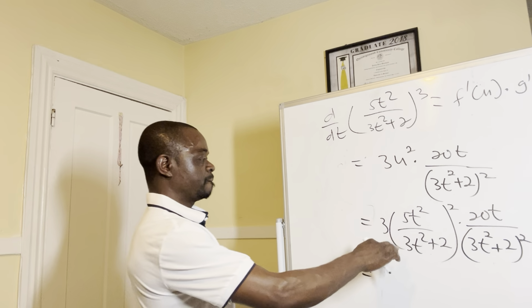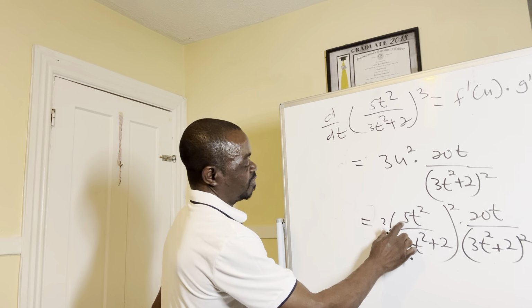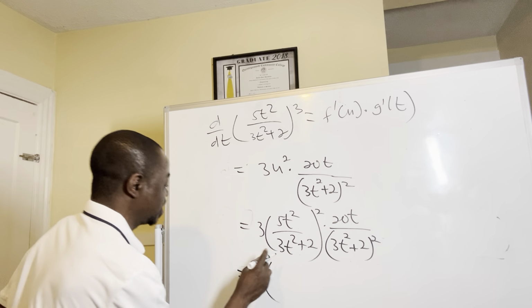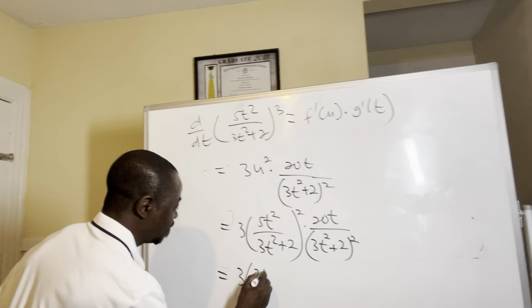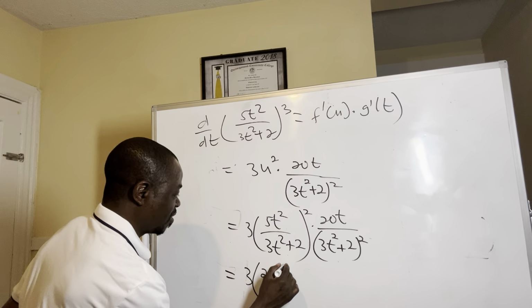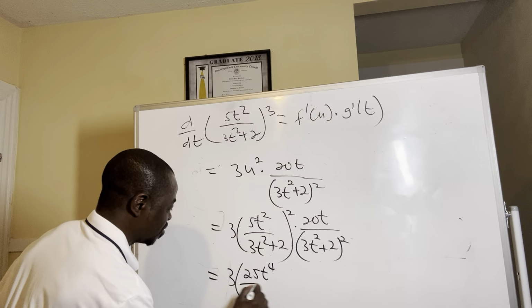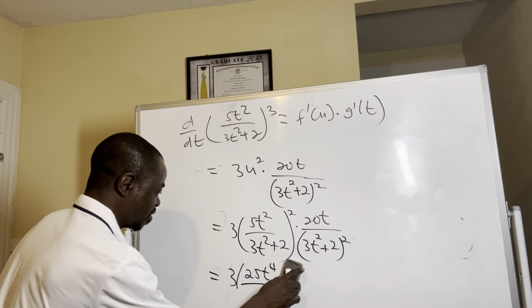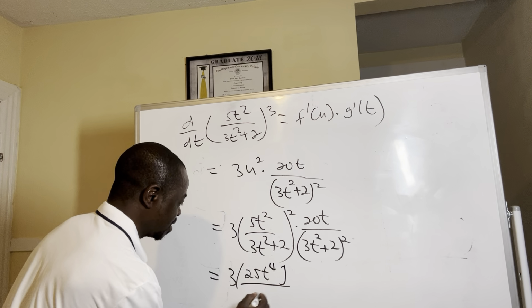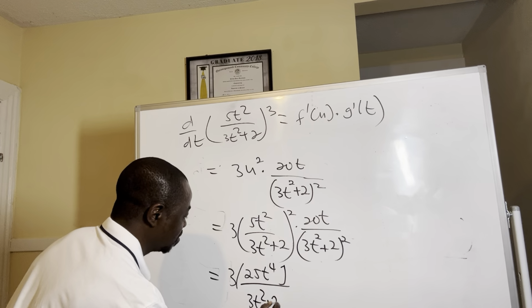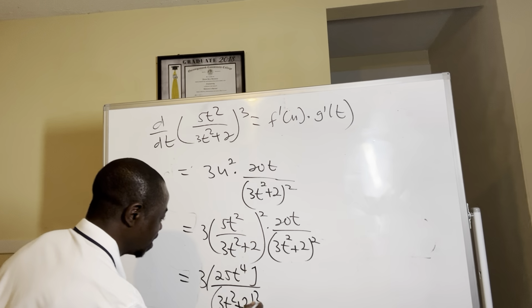So here, if we take the square of 5t squared, it's going to give us 3 into brackets, that's 25, then t to the power 4, all over 3t squared plus 2, then square of that.